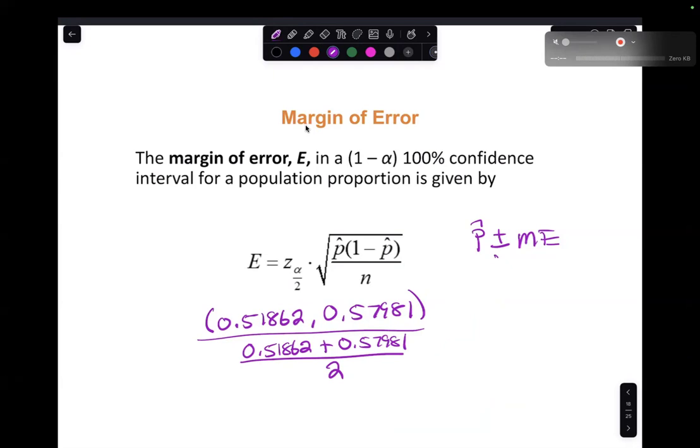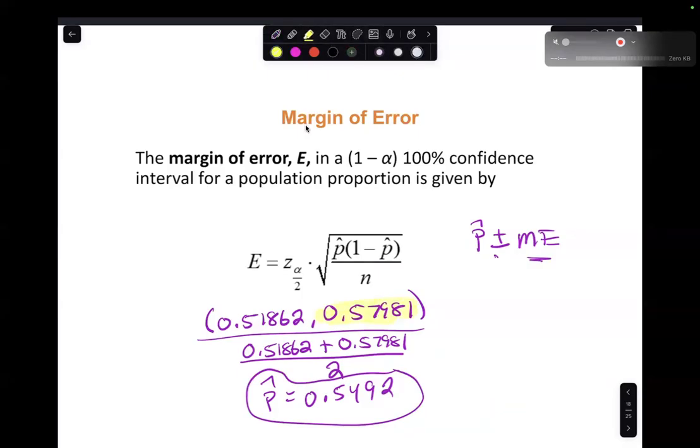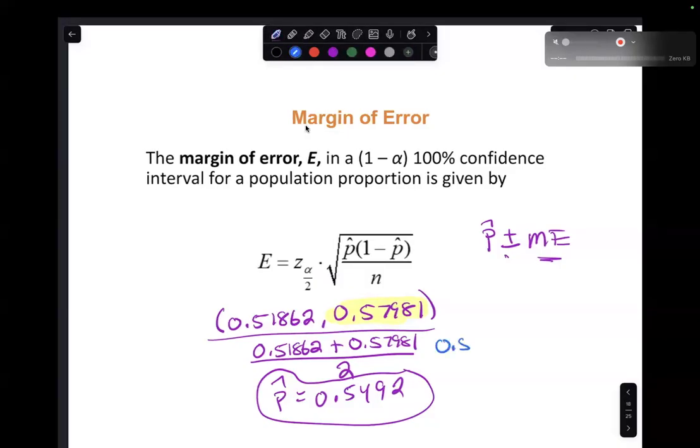That gives me a p hat of 0.5492, which is great. Then in order to get the margin of error, I can just take this top number right here and subtract the p hat from it. And this is going to give me my margin of error.